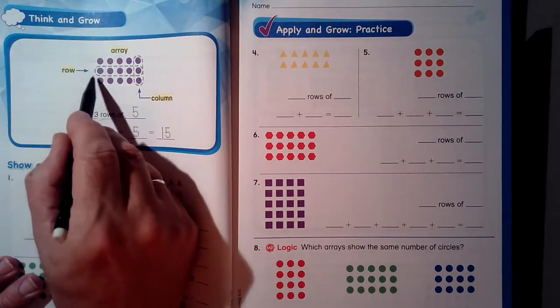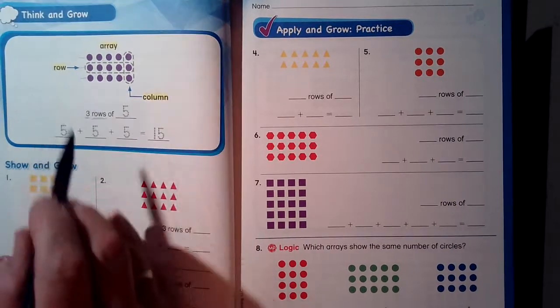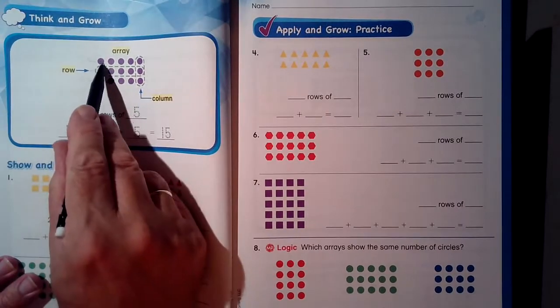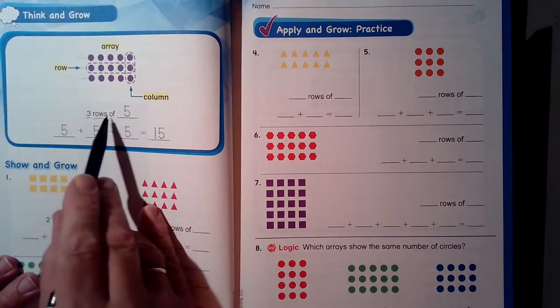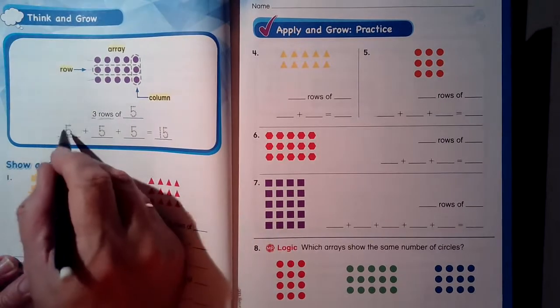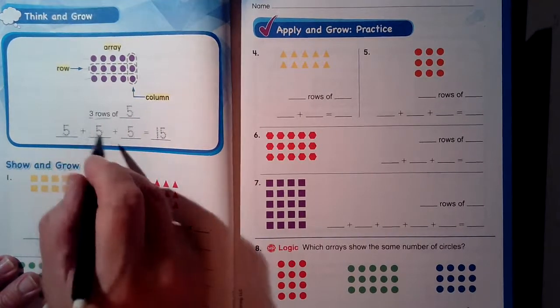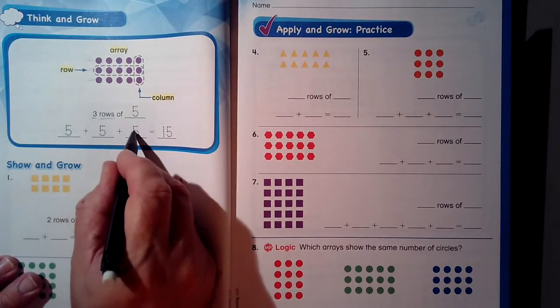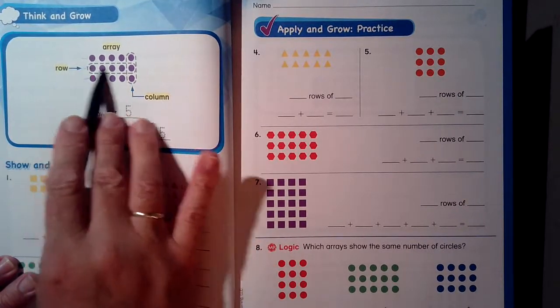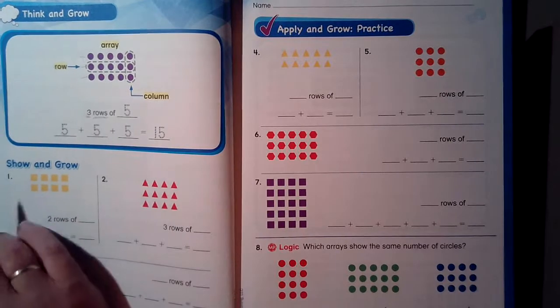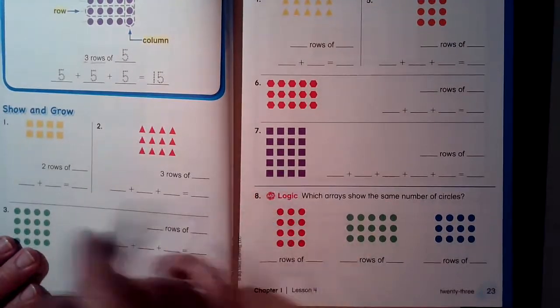So here's 1 row, 2 rows, 3 rows. 3 rows of 1, 2, 3, 4, 5. That's what we have. 3 rows of 5. So that's like saying 5 plus 5 plus 5 equals 5, 10, 15. Just what they have. All right.